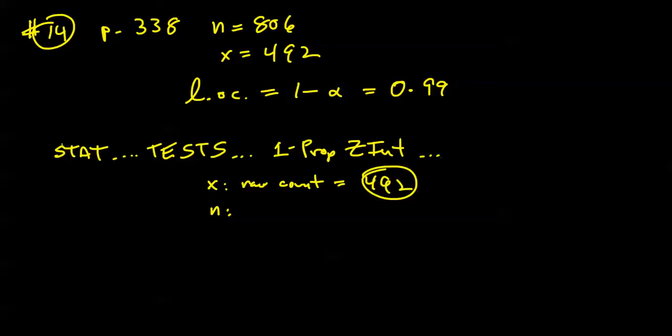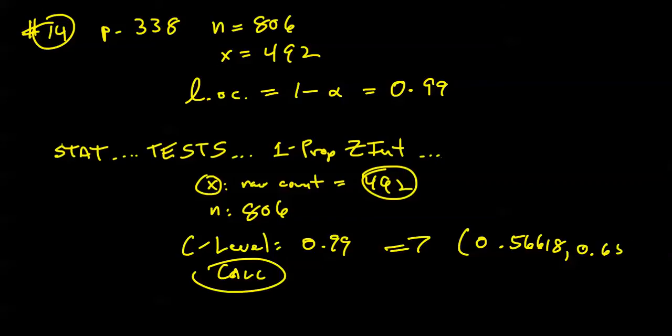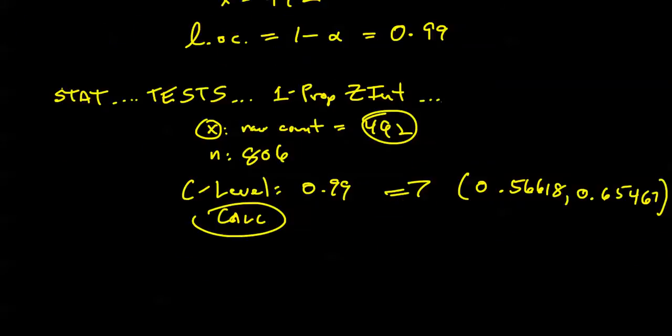So I just enter 492 for this x value, and you're restricted to integer values, remember. The sample size was 806. The confidence level was given to us as 0.99. I highlight calculate and enter, and I get the following result: 0.56618, comma 0.65467, in parentheses interval type notation.